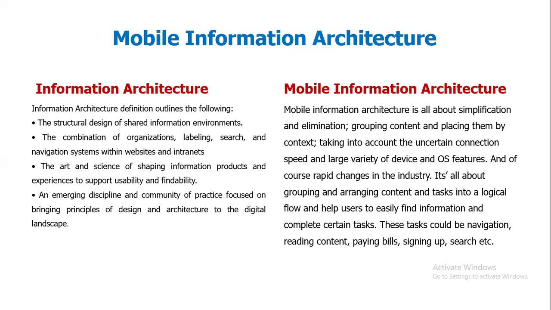It's all about grouping and arranging content and tasks into a logical flow and helping users to easily find information and complete certain tasks. These tasks could be navigation, reading content, paying bills, sign up, search, and so on.